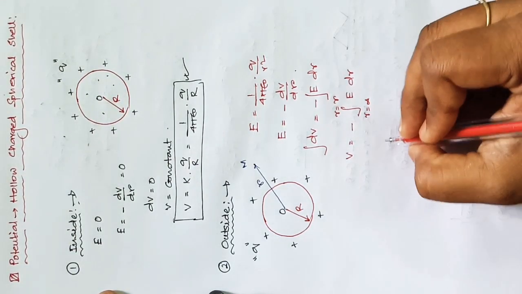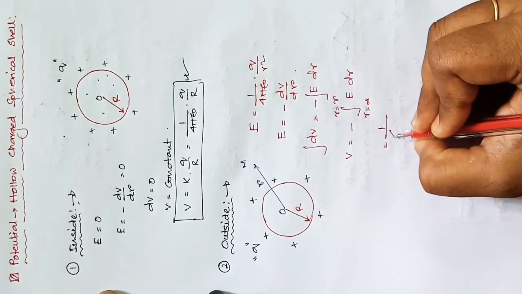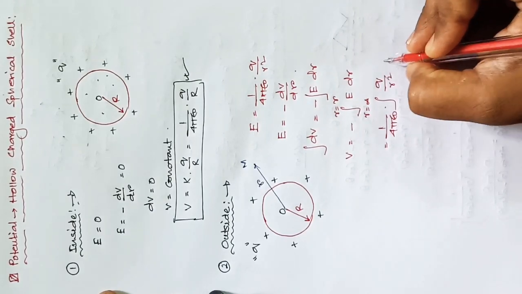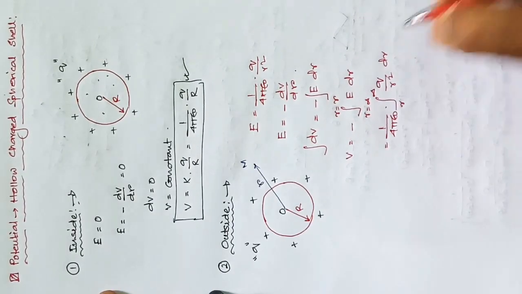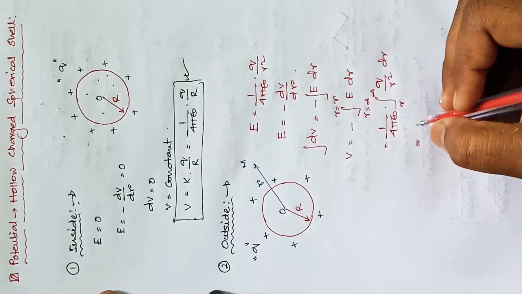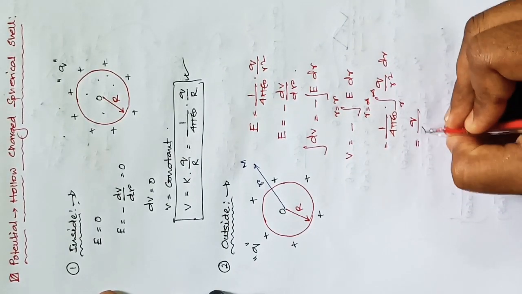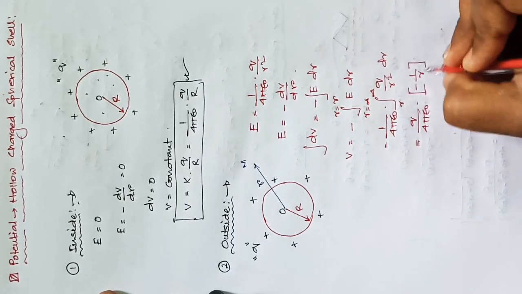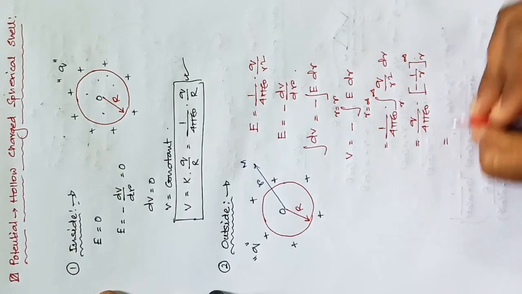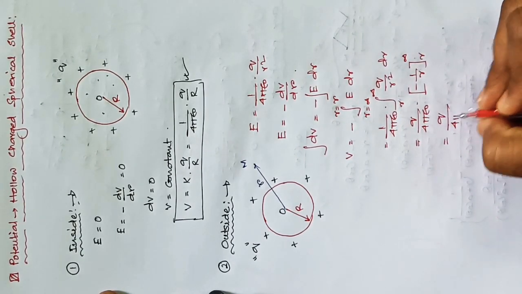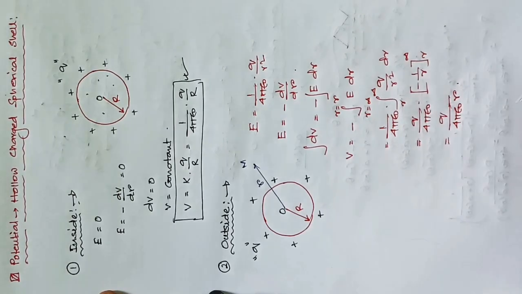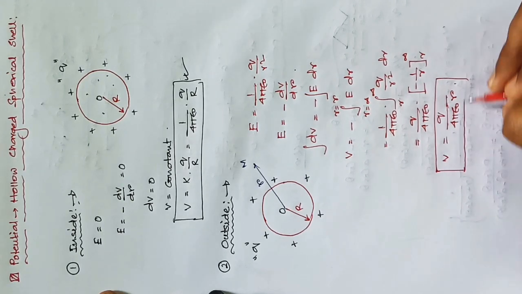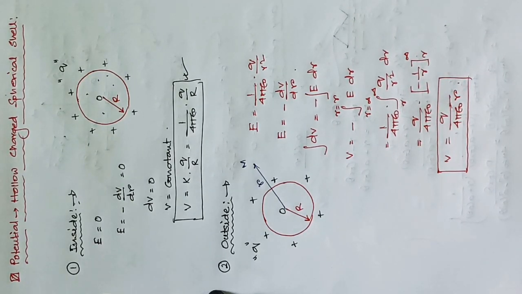So if we put the expression of E, 1 by 4 pi epsilon naught Q by R square dr, integrated from infinity to R, in this case we will have Q by 4 pi epsilon naught, integration will be minus 1 by R, infinity to R. So we will have Q by 4 pi epsilon 0 R. This will be the expression of the electric potential at any outside point due to this spherical shell.